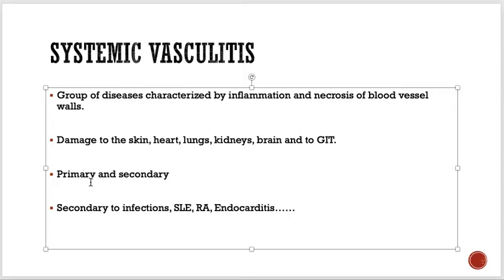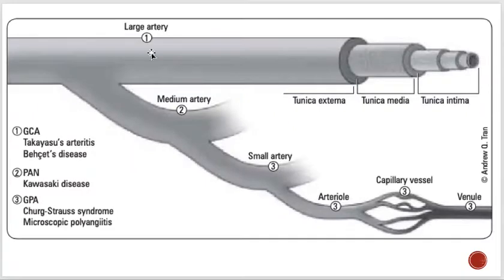The importance is what kind of vasculitis is there in the body. To explain that, I can show you this diagram. You can see the large size vessel, then the medium size vessel, then the small, which gives arterioles, then capillary walls, and then venules.